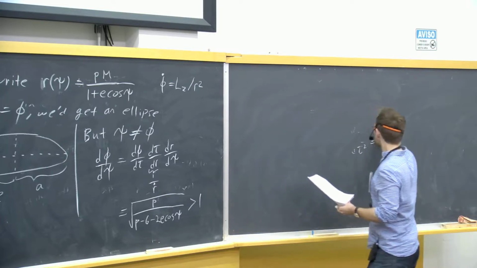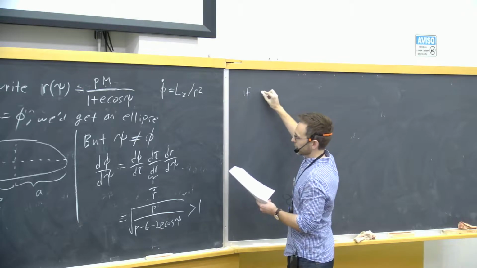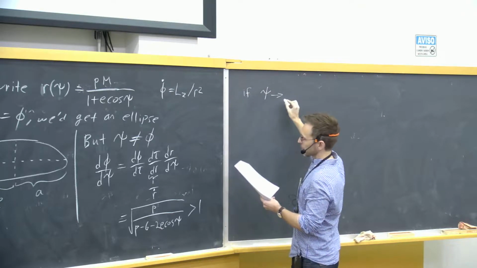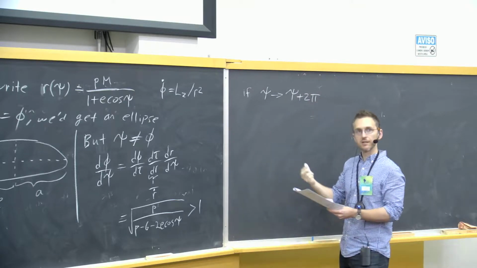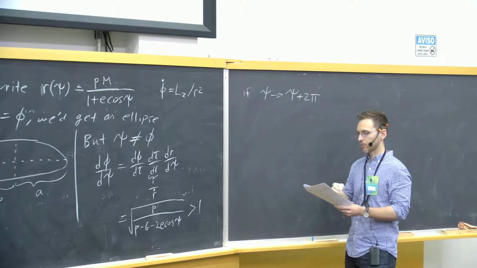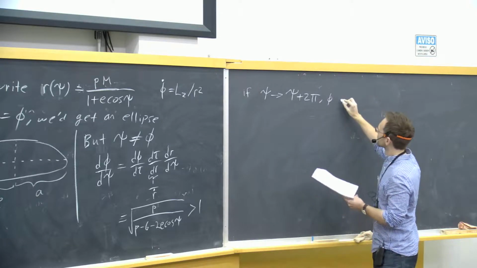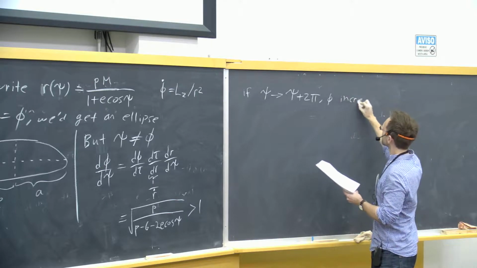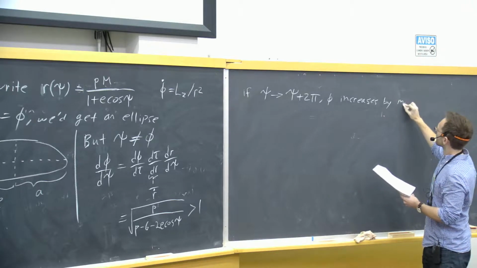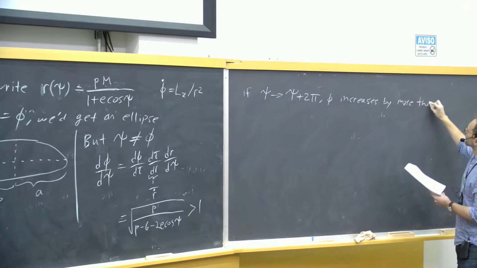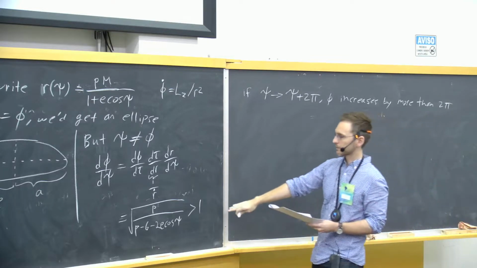So what that means is, if psi goes to psi plus 2 pi, so you're going around one radial cycle, from the maximum to the minimum, back to the maximum, then phi increases by more than 2 pi, because the rate of change of phi with psi is bigger than 1.